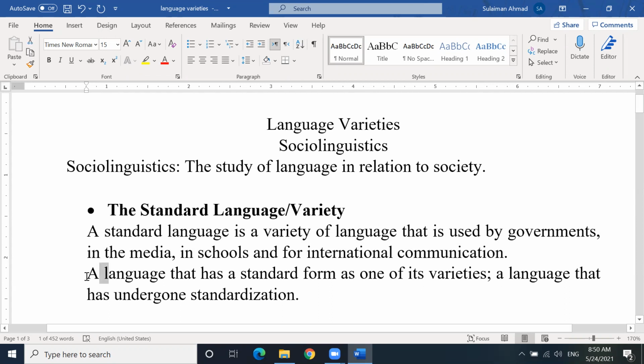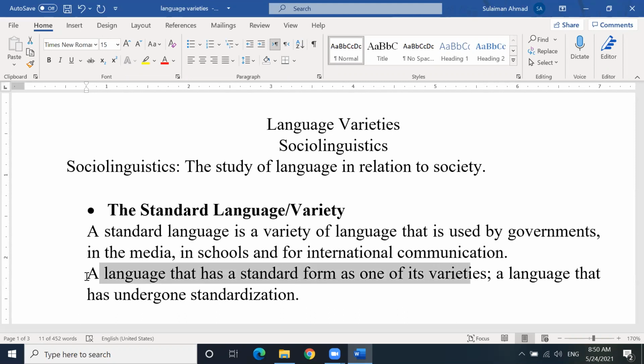A standard language is a language whose standard form is one of its varieties, a language that has undergone standardization.